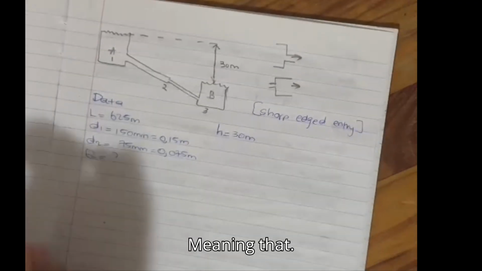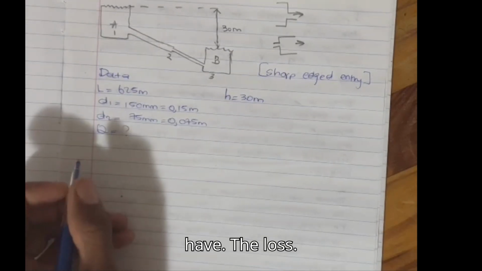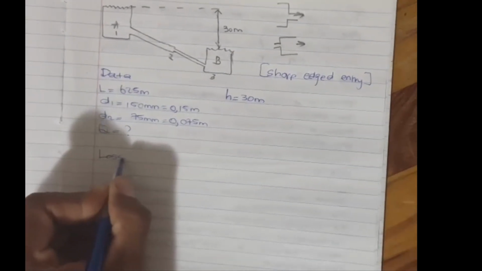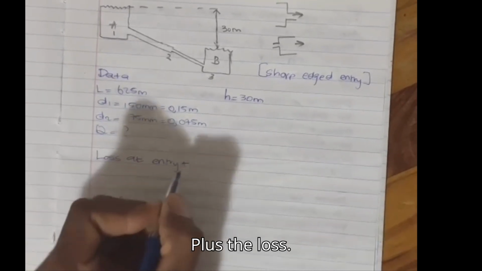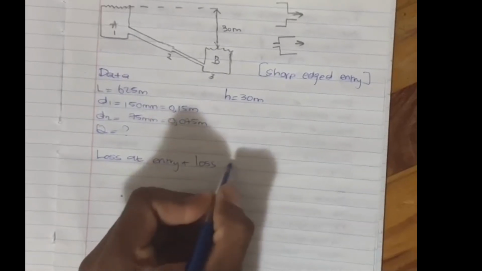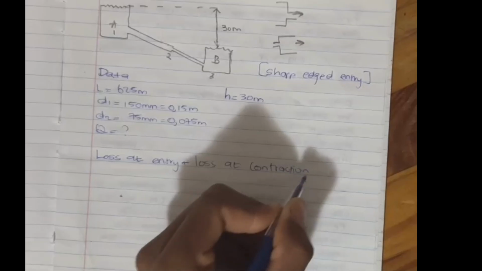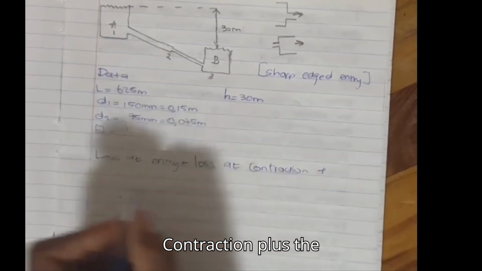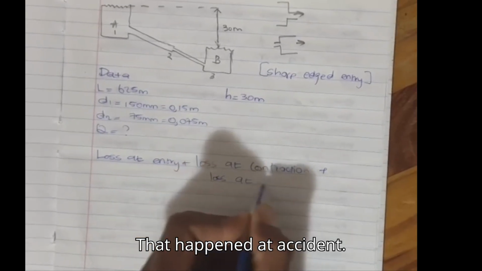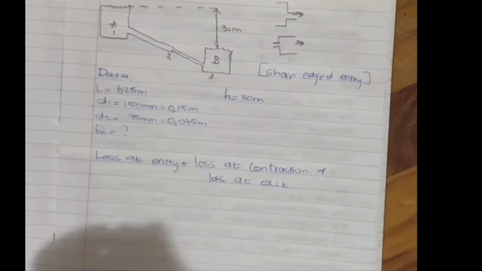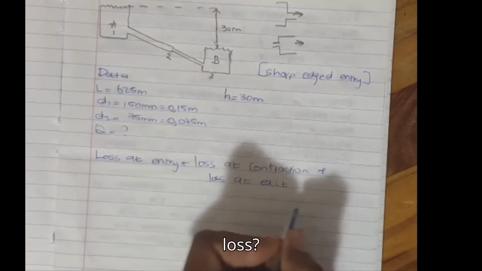So this question says that we have the loss at the entry, plus the loss at the contraction, plus the loss that happened at the exit, plus the frictional loss.